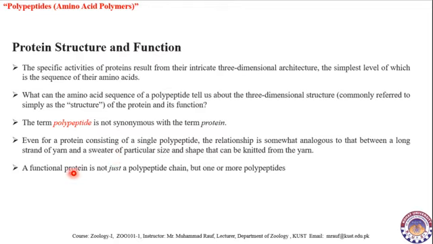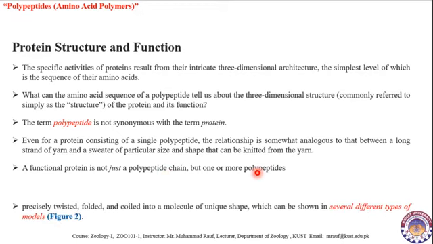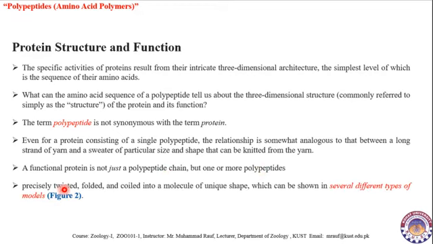A functional protein is not just a polypeptide chain, but one or more polypeptides, precisely twisted, folded, and coiled into a molecule of unique shape, which can be shown in several different types of models.